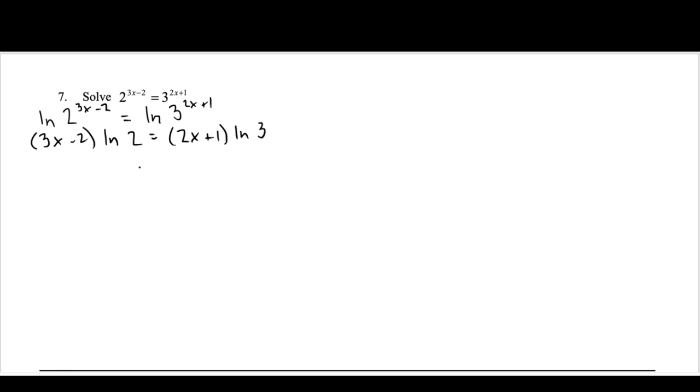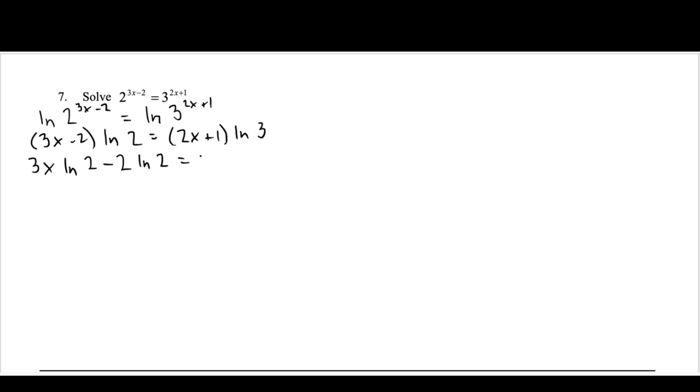And then I got to solve this for x, and I'll start by distributing the logarithms on both sides. So on the left I have 3x ln 2 minus 2 ln 2.